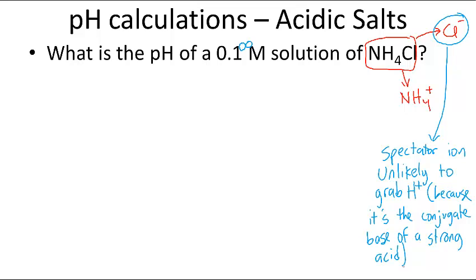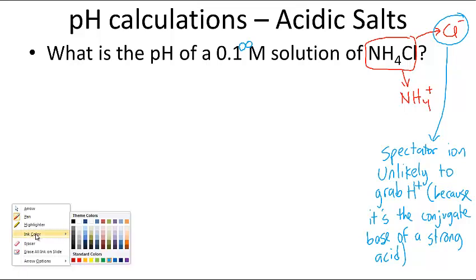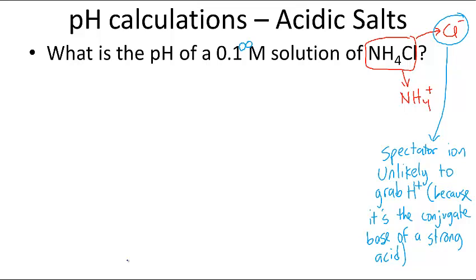So the conjugate base of a super strong acid is a super duper weak base, non-basic. All right, so chloride's not going to do anything. NH4 plus, could that potentially affect the pH somehow? It can give off H plus. NH4 plus acts as a weak acid. And you can confirm your suspicion that it might act as a weak acid by looking at your Ka list.